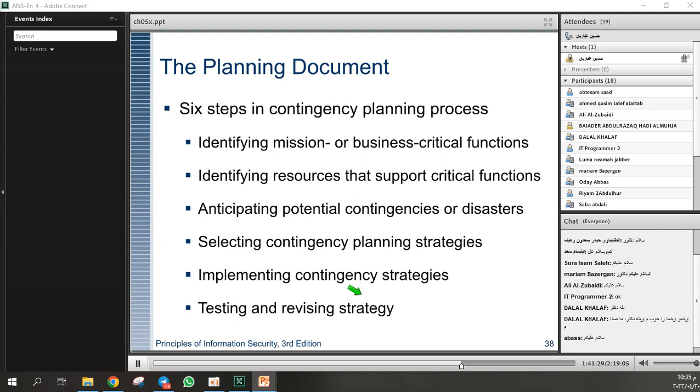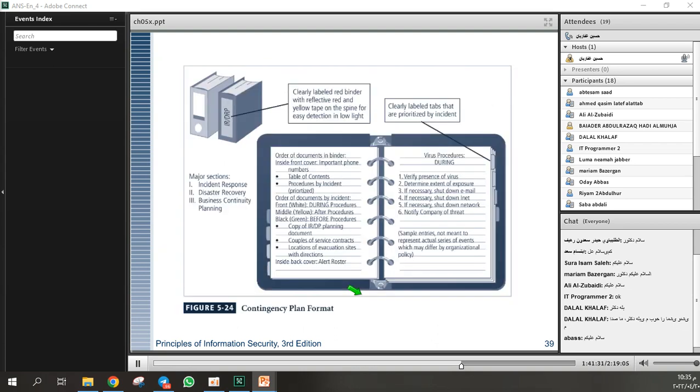First I should define my critical functions, my resources related to those critical functions, and then this disaster may happen. How can I support and protect these resources, this functionality in my organization?